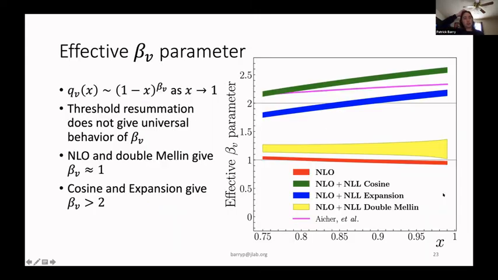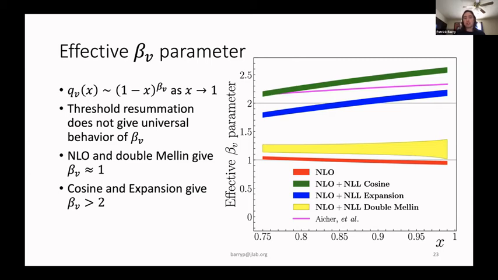Additionally, we can describe the large x behavior of the valence quark distribution as this (1 minus x) to the beta. And so what I show here is the effective beta parameter as a function of x at large x. So in the red, as was expected before, we had the next to leading order analysis. This had a behavior as (1 minus x) to the 1 power. But when we use threshold resummation, there is not a universal behavior of this beta parameter.